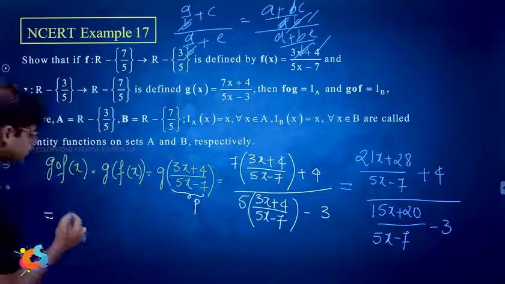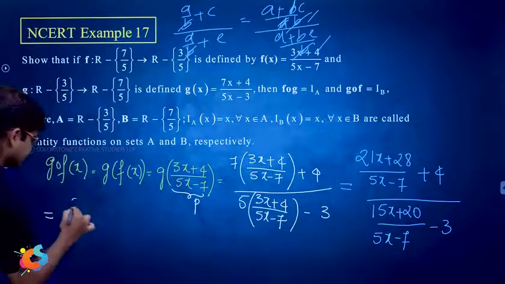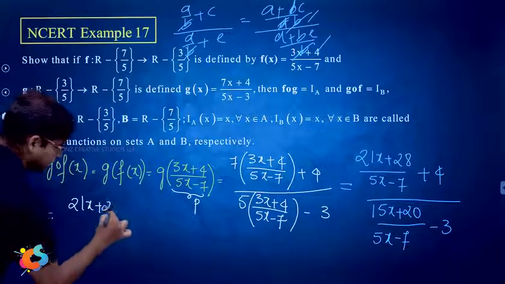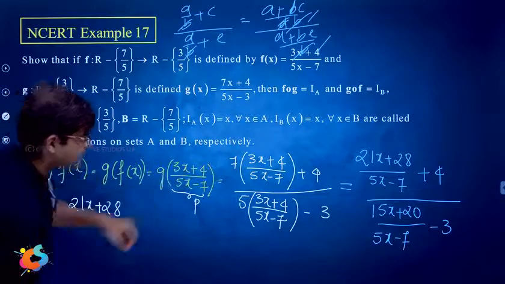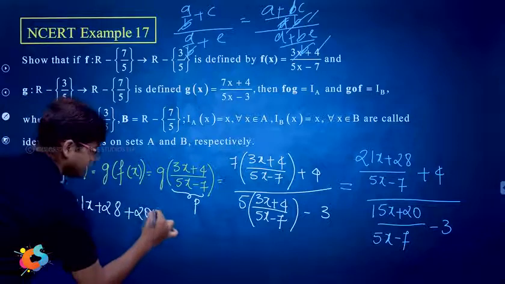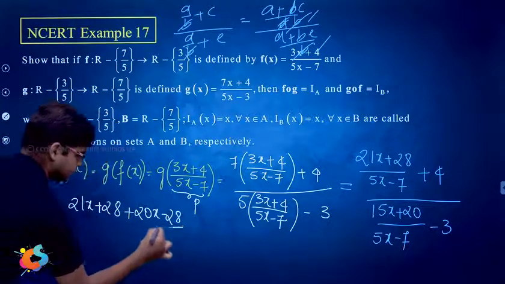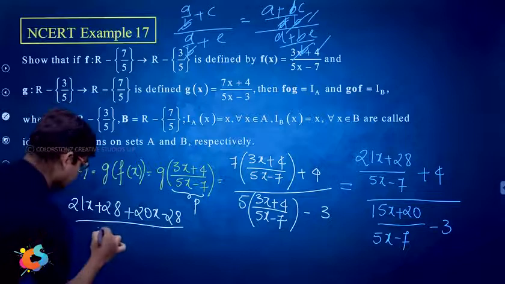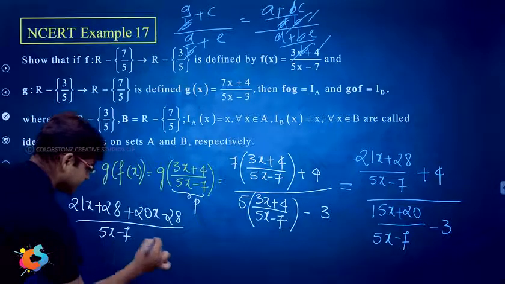Once you take the LCM, this will be as it is: 21x plus 28 plus 20x minus 28, divided by 5x minus 7.